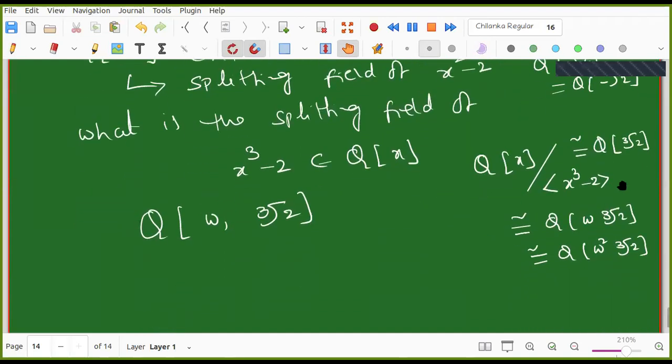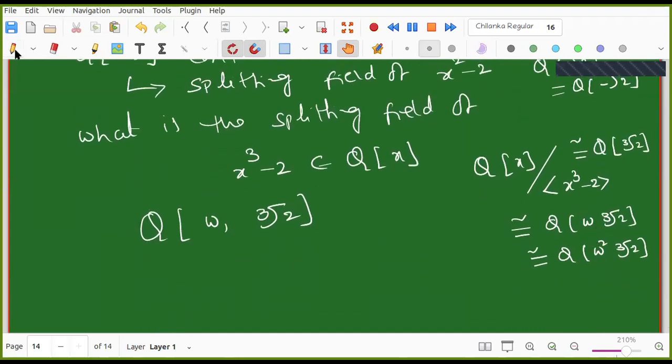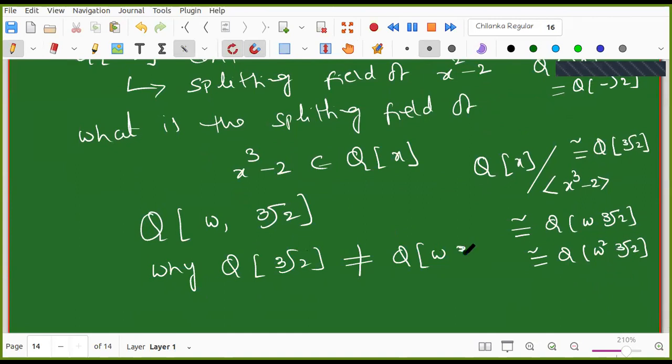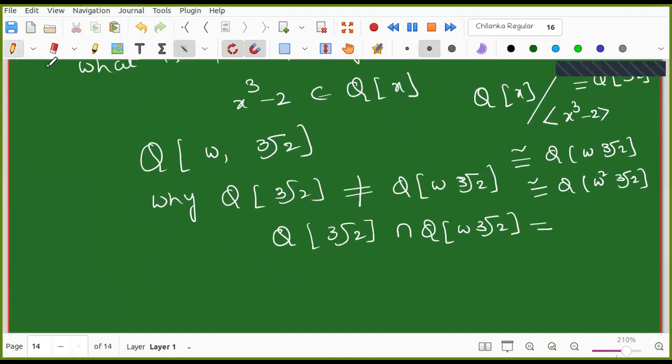Okay, why are these two not equal? One of them is a subfield of real numbers and the other one is not. So cube root of 2 is not equal to omega of cube root of 2. In particular, what is the intersection of them? Can somebody help me? This is only Q, right?